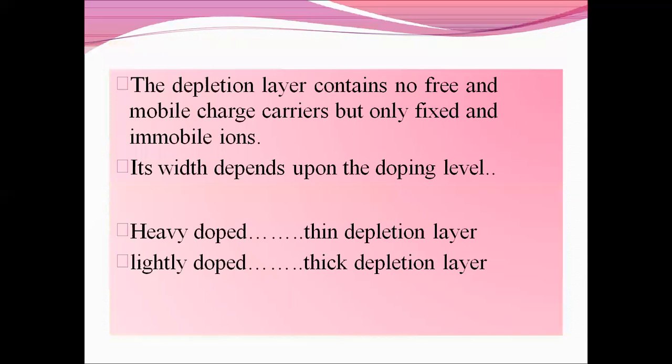The depletion layer contains no free and mobile charge carriers, but only fixed and immobile ions. Its width depends upon the doping level of the semiconductor. If it is heavily doped, then a thin depletion layer is formed at the PN junction. If it is lightly doped, then a thick depletion layer is formed.